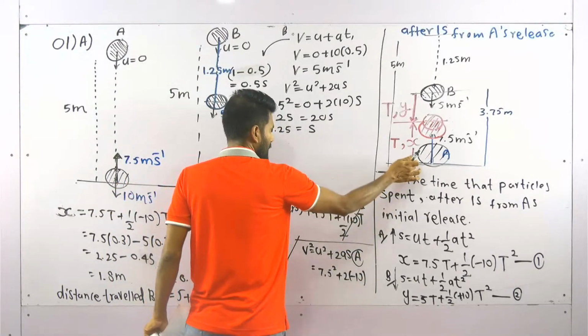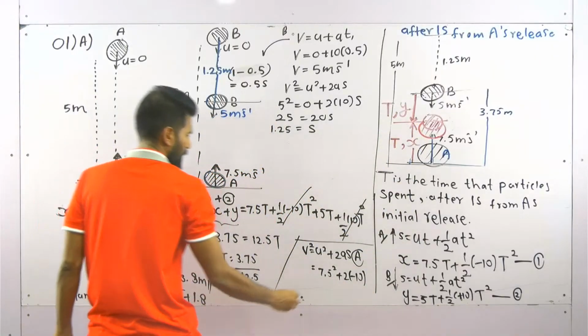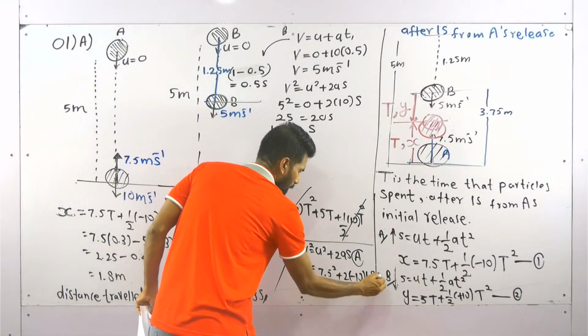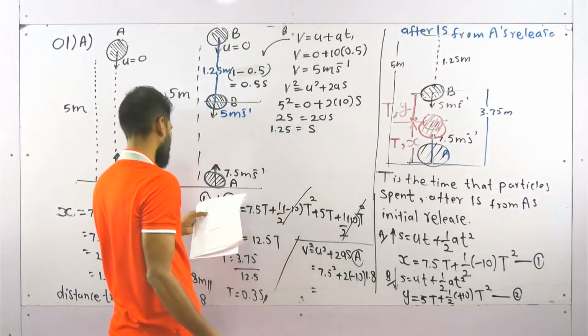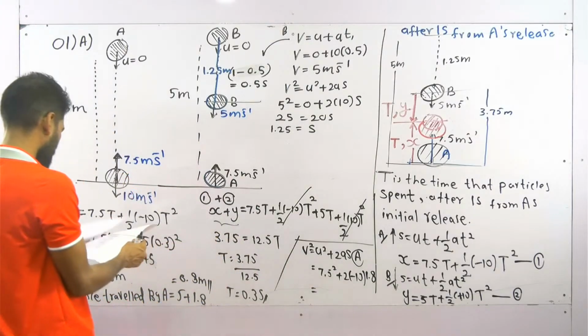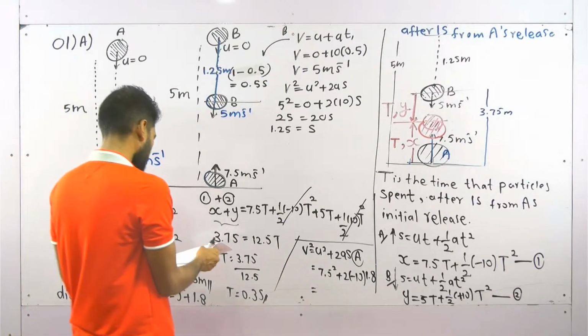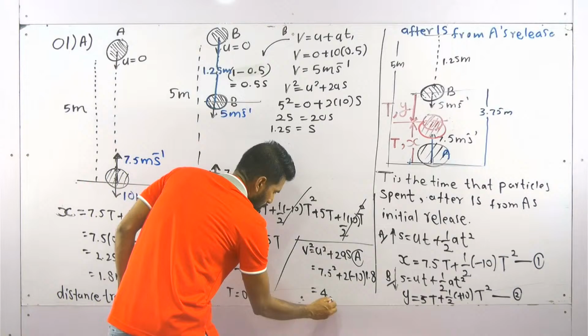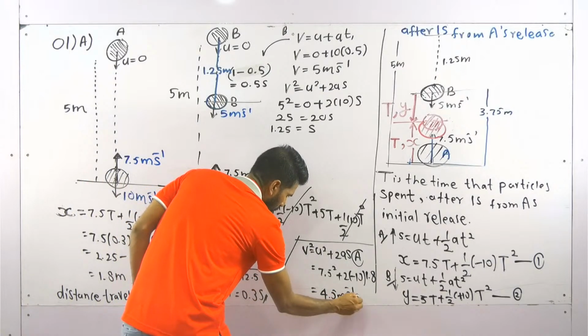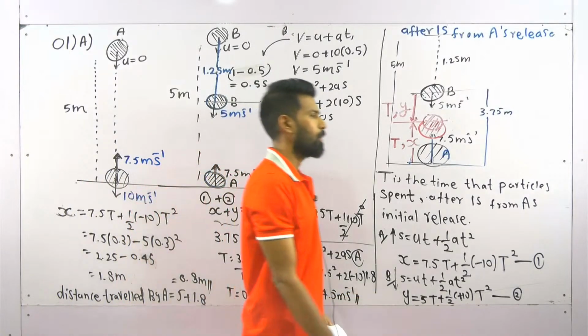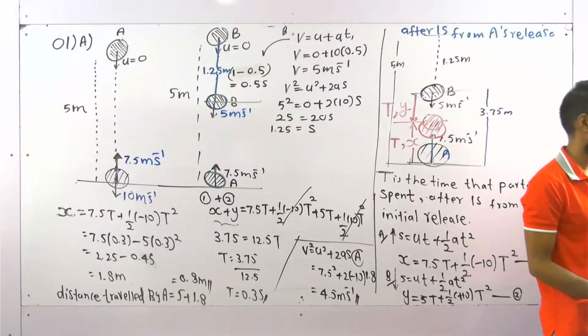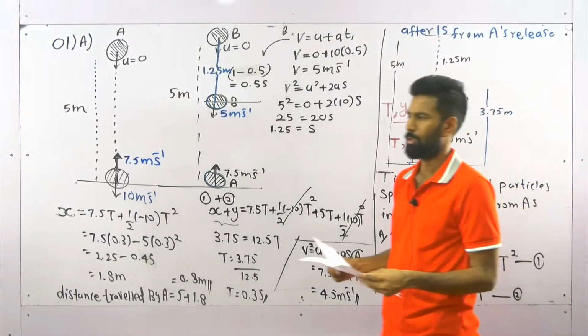What is x? 1.8. I'll provide the answer. You will get 4.5 meters per second for this answer. Okay.